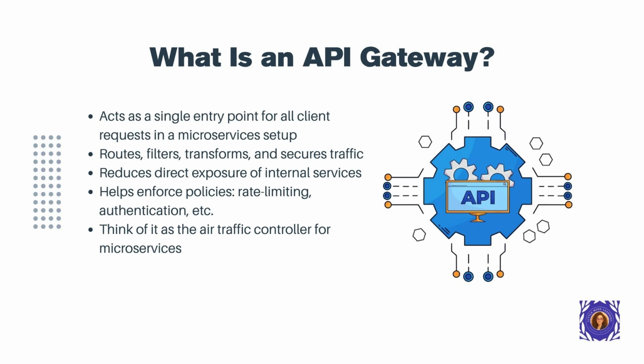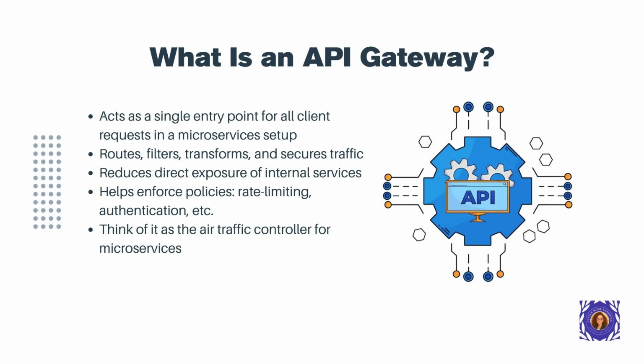Its primary benefits include reducing the direct exposure of your internal microservices to external clients, thereby enhancing security and simplifying client-side consumption. Furthermore, the API gateway is the ideal place to enforce global policies such as rate limiting, authentication, and authorization.